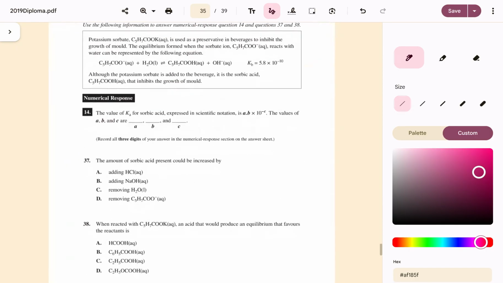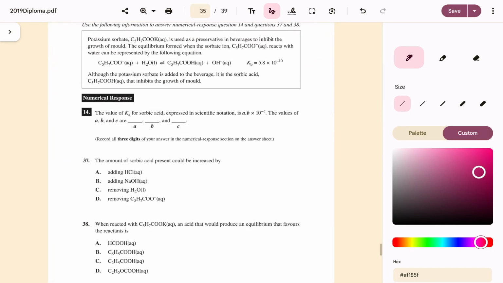Moving on from here, just a few more. This one we have some information about a reaction, and it's given us a Kb and asking what is the Ka. The relationship between Ka and Kb is this: if you multiply them together, it equals Kw. So if you want one and you have the other, you can divide Kw by, in this case, Kb, and we'll have Ka.